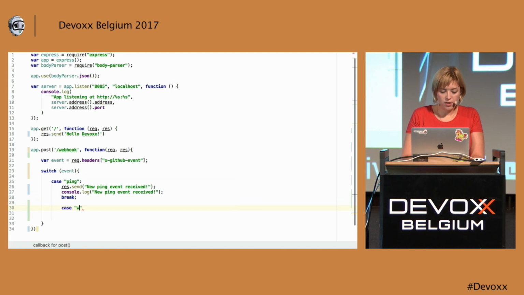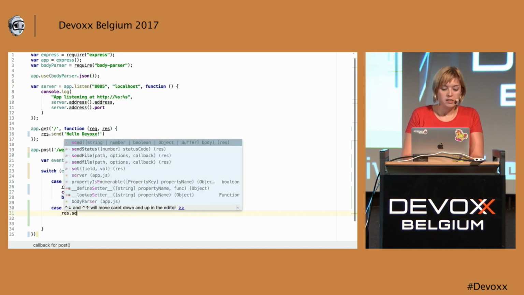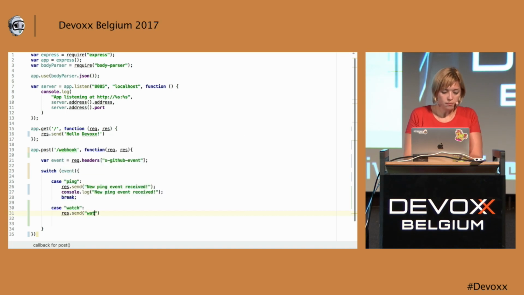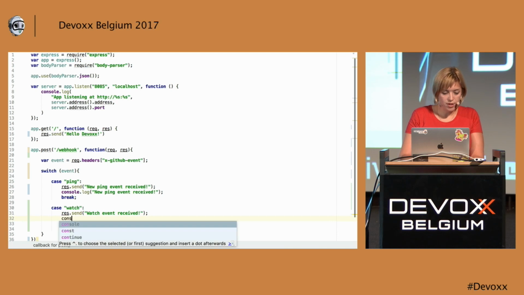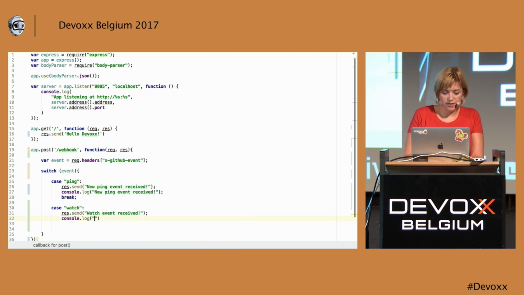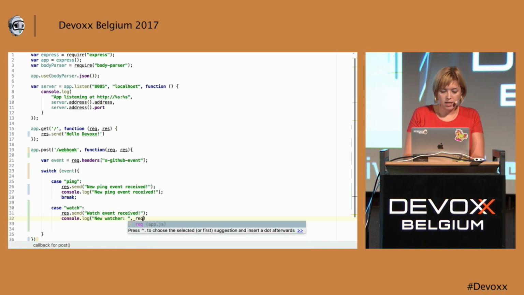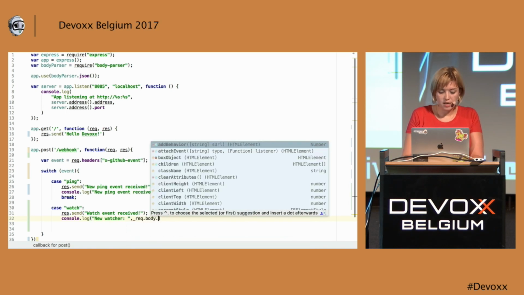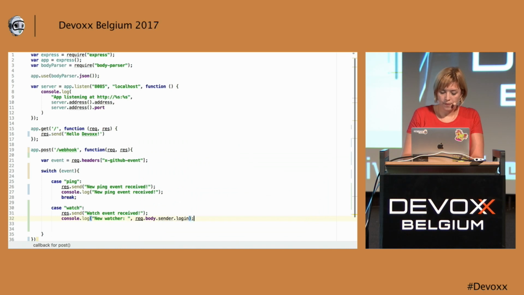And now we are going to look at the watch event, which is the one we are interested in, the one which is fired when someone is starring the repository. So we are going to send another message to the API provider saying "watch event received", for example. And we are going to log a little bit more information. We are going to say "new watcher" and look at the body of the request for the sender login.